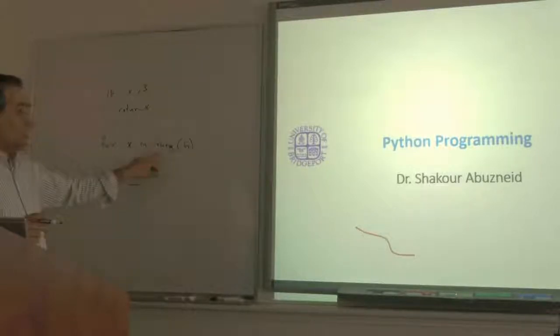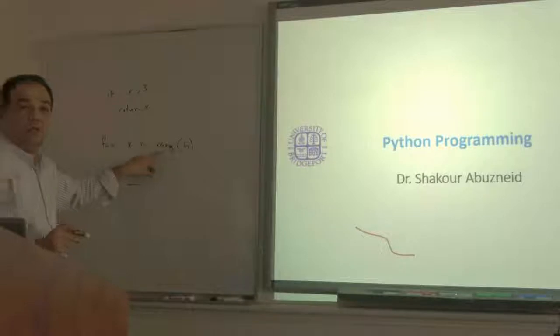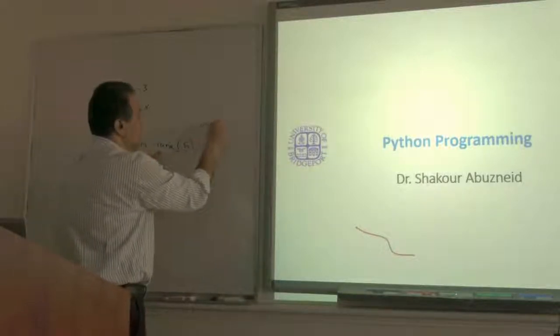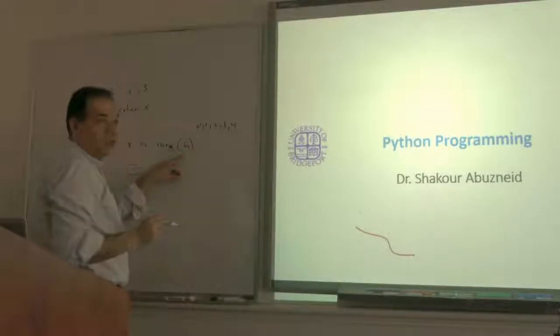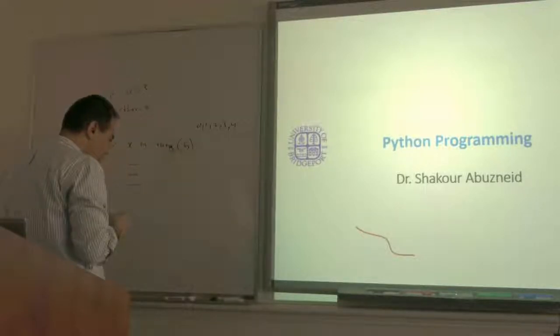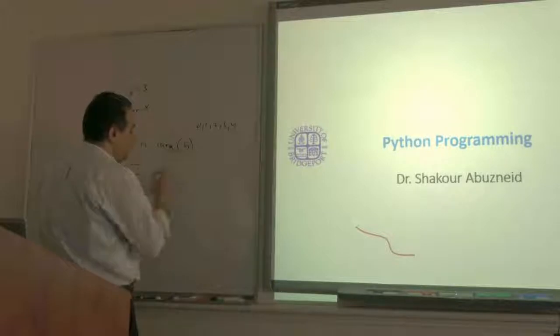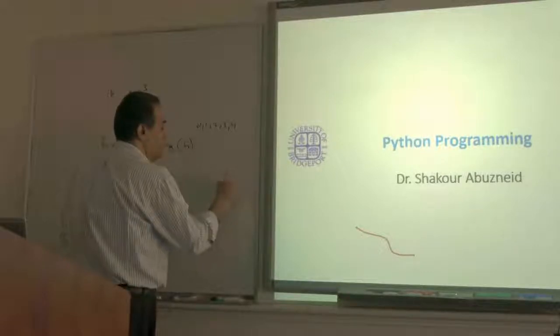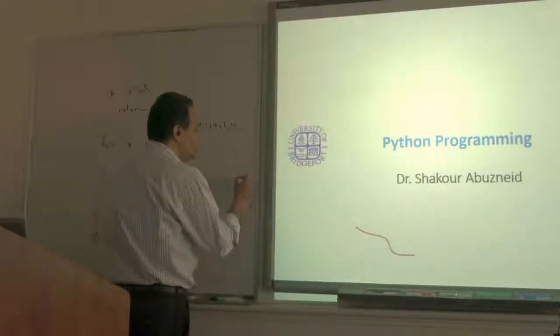For example, range 5 will give you what values? 0, 1, 2, 3, 4. So usually range works like range with start, end, and step.